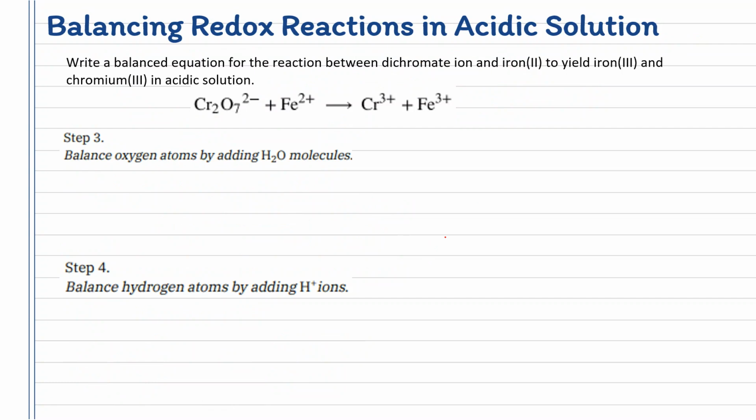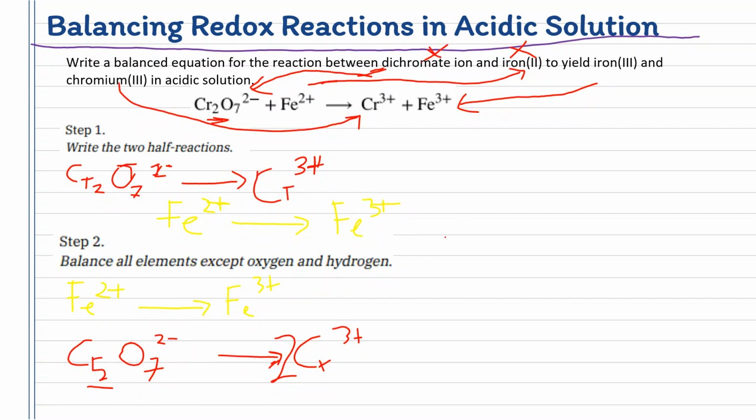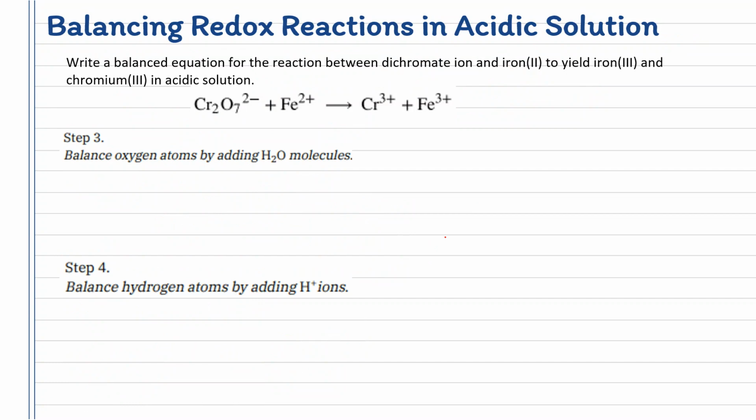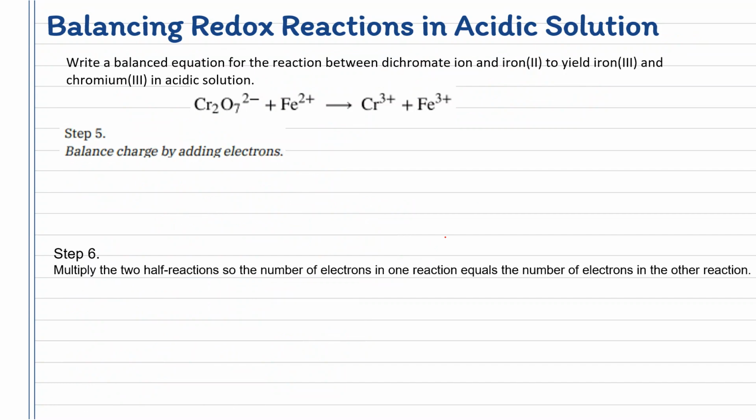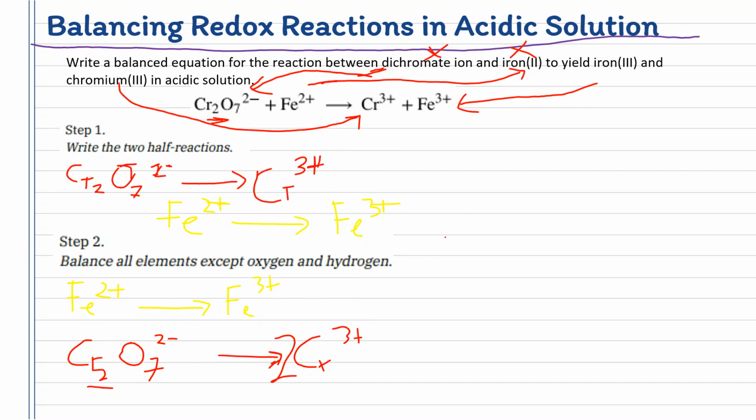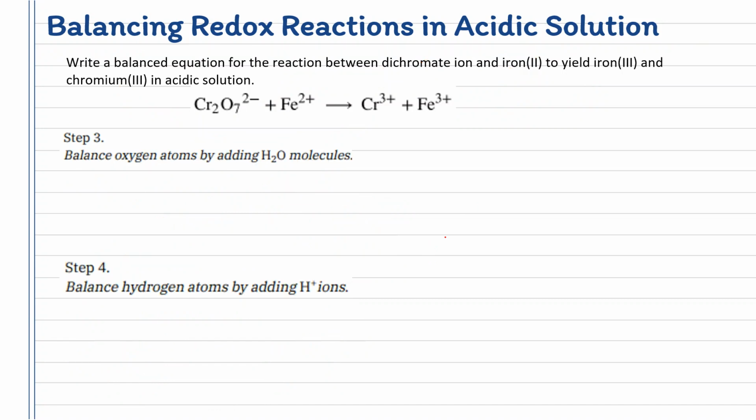Step 3. So step 3 is just continuing from step 2. Whatever we had in step 2, we're carrying it to step 3. Step 3 says balance oxygen atoms by adding H2O. So to be able to do that, I need to write whatever I had. In step 2, I had Fe2+ and Fe3+.